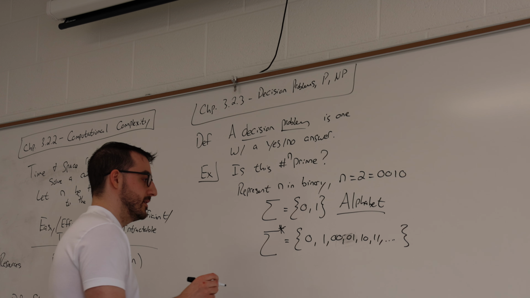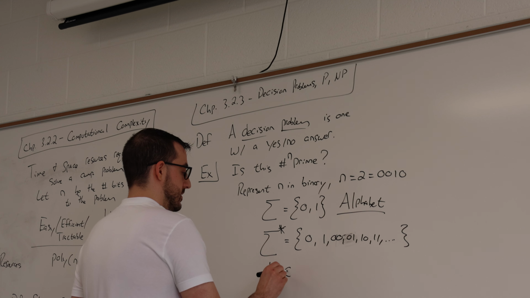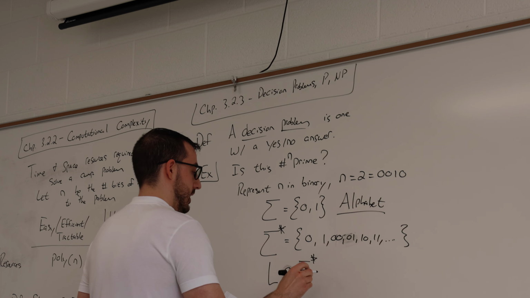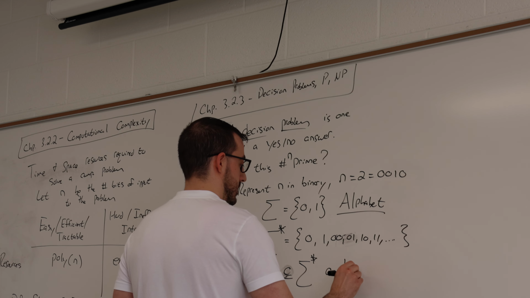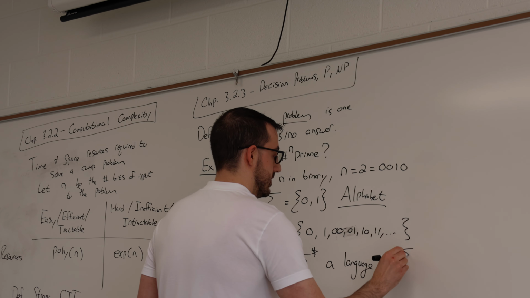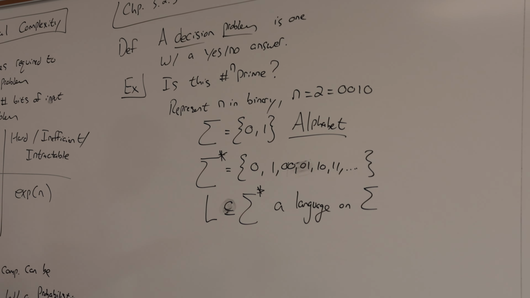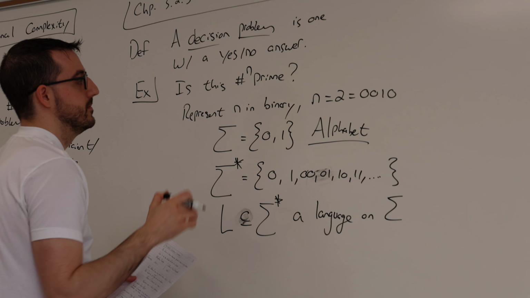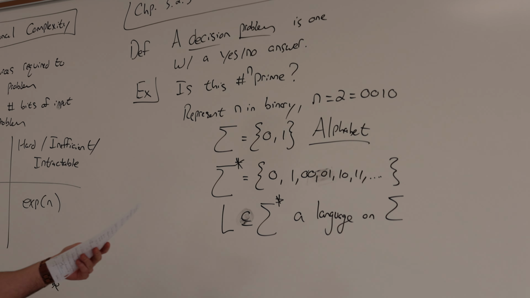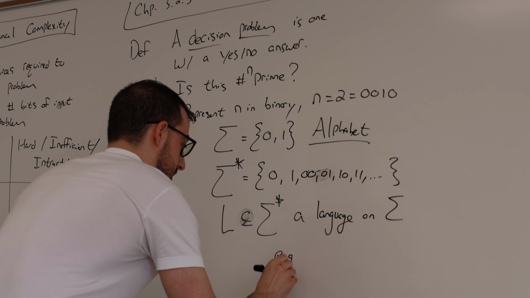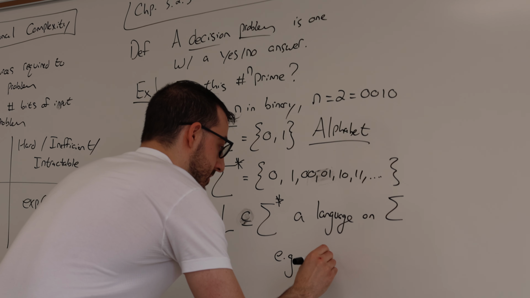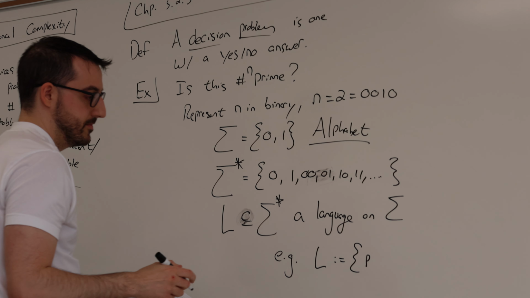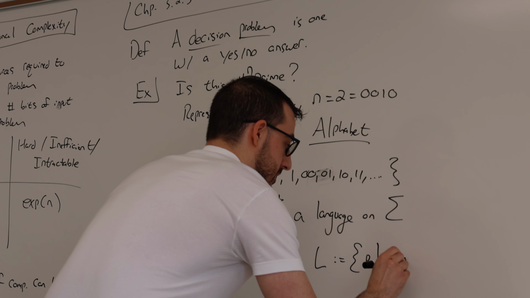And we're going to call a subset of this, a subset of sigma star, a language on the alphabet sigma. So for example, using this question, this decision problem, is the number n prime, we would be interested in the following language, L being defined as the set of all binary numbers, or just numbers P, such that P is prime.